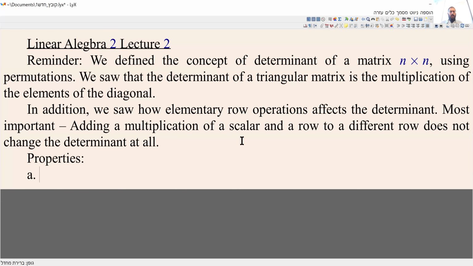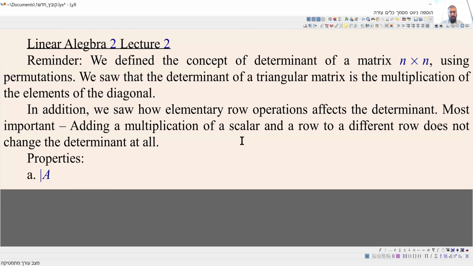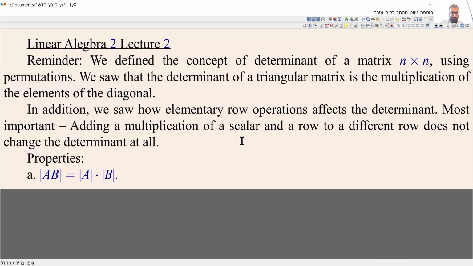First of all, it is not additive, but it is multiplicative, meaning that the determinant of AB is the determinant of A times the determinant of B, when the determinant is defined. As we mentioned last week, if you multiply a 3 on 2 matrix and a 2 on 3 matrix, you get a 3 on 3 matrix. In this case, the determinant of AB is defined, but the determinant of A and B alone are not. So when it is defined, you can write it that way.